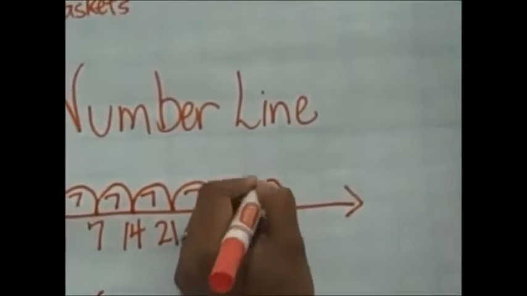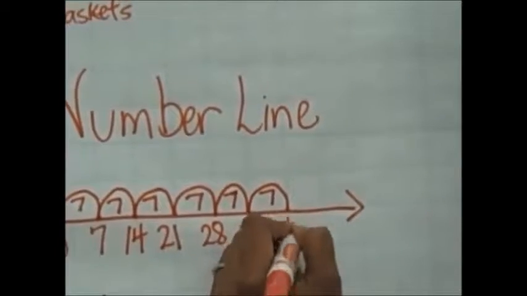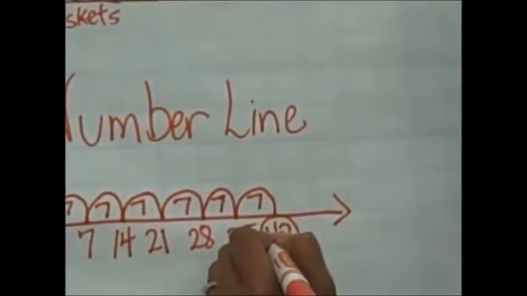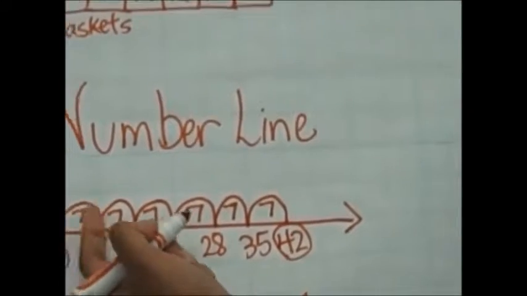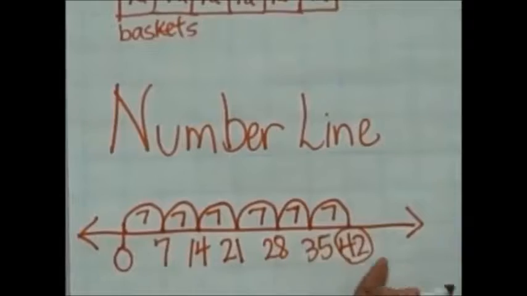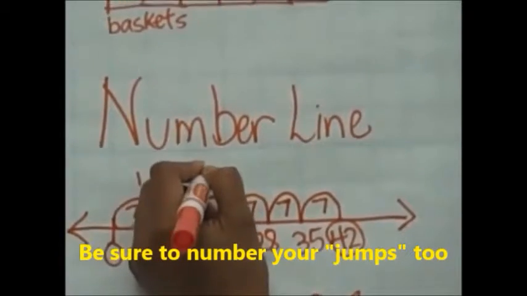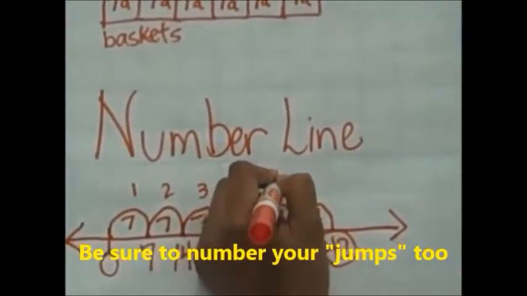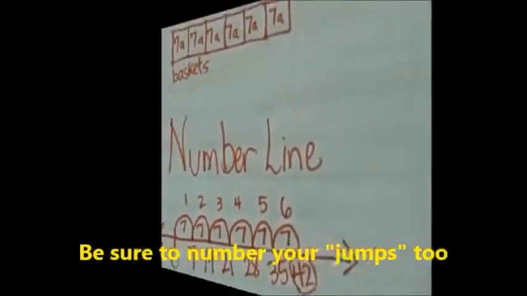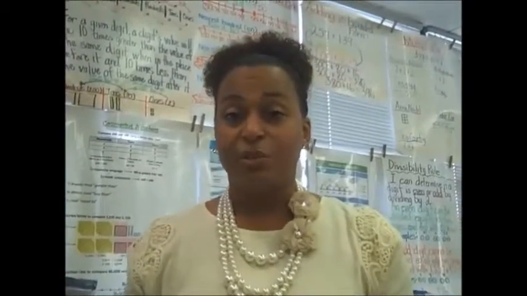And the final jump of 7 gets me to 42. I also want to go back and number my jumps to make sure I actually did 6 jumps: 1, 2, 3, 4, 5, 6. Perfect. Now that's how you do a number line.